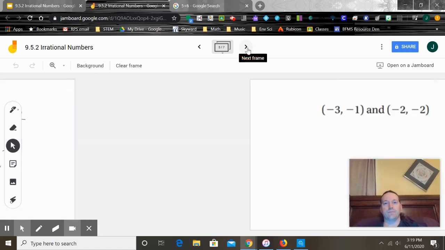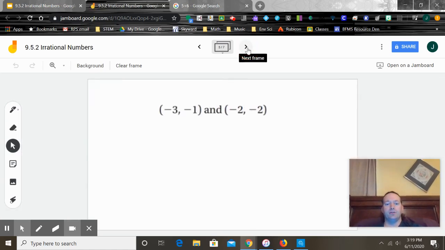What happens if we just have 2 points? Again, it's the same thing. It was x1, y1, x2, y2. So it's y2 minus y1 squared: negative 2 minus negative 1 squared, which is negative 1 squared, or 1.